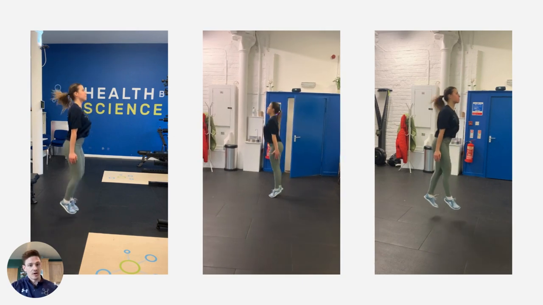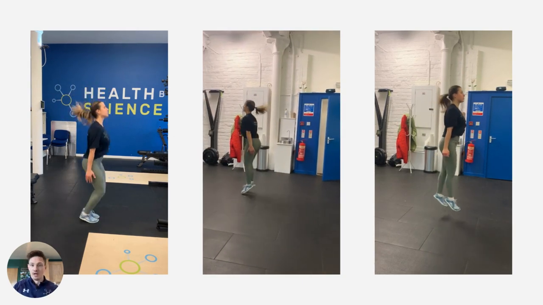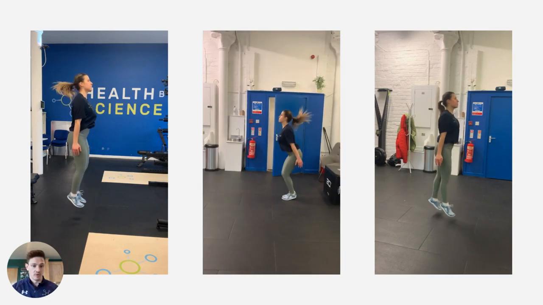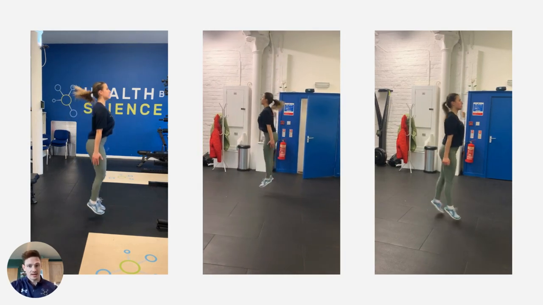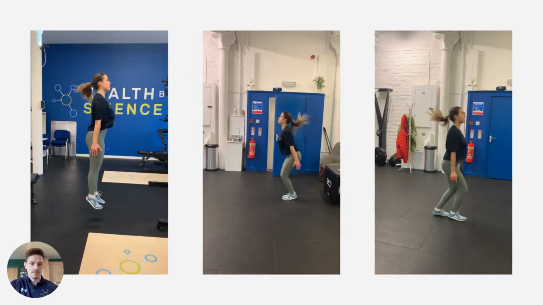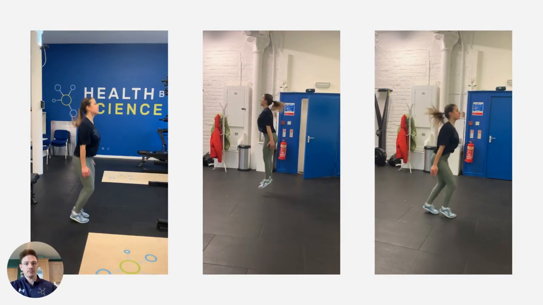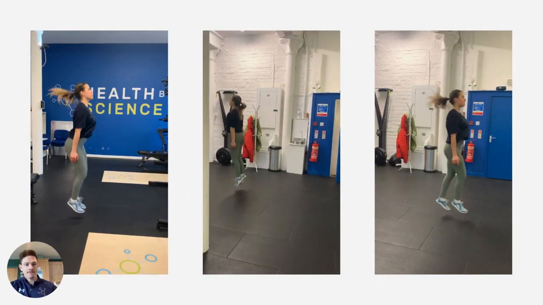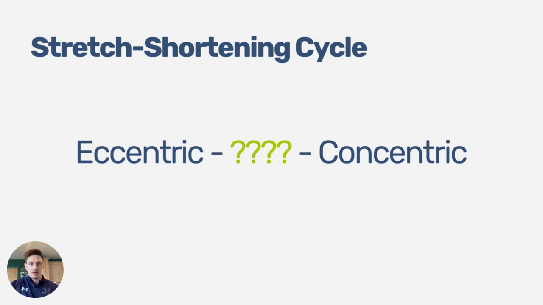In the middle, we've got a traveling version. On the right, we've got a split stance, so more emphasis on one side than the other. These all have an impact. They all have a fast stretch shortening cycle.